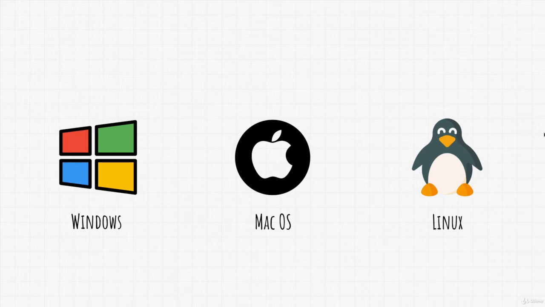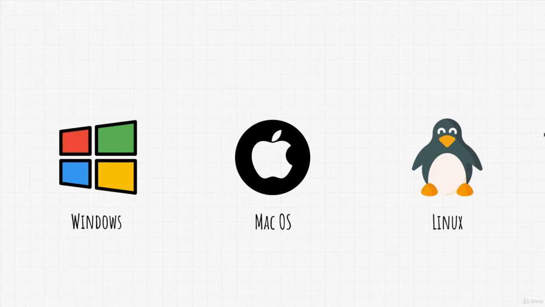And what if we wanted to, for example, run two different operating systems on the same machine? Can we do that? For example, let's say you have Windows installed on your machine and you want to install Linux too. Or even better, you want to install 5 operating systems running on different virtual machines. Can you do that? You can.